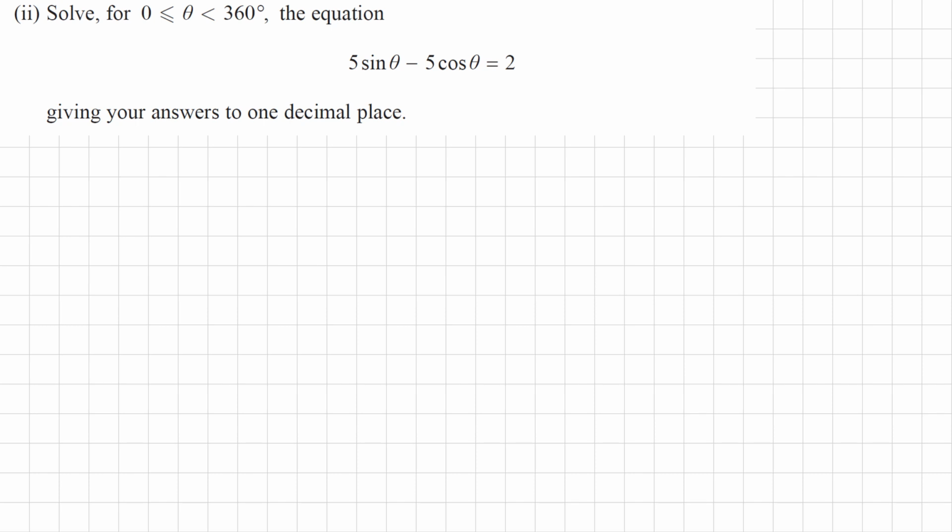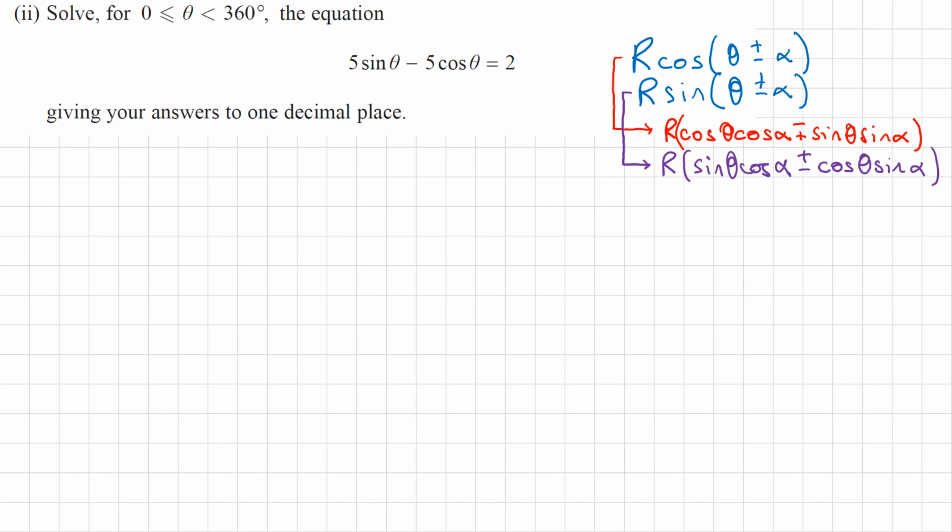And actually, this is going to be the R cos or R sine theta method. And it's going to be R cos of theta plus or minus alpha, or R sine of theta plus or minus alpha. So I'm going to take what I have here and write it in this form, and that will give me an equation that I can solve.